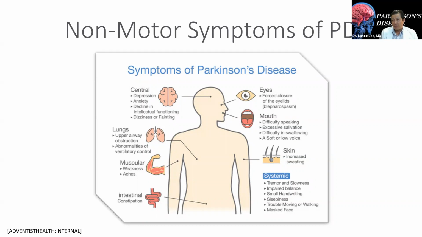Very unique features of Parkinson's disease that I pay attention to when I see the patient. You may also get increased sweating. So when you think about Parkinson's disease, not only the motor symptoms, but you may see all these very unusual non-motor symptoms. So we need to address all these things together with the Parkinson's patients when they complain.